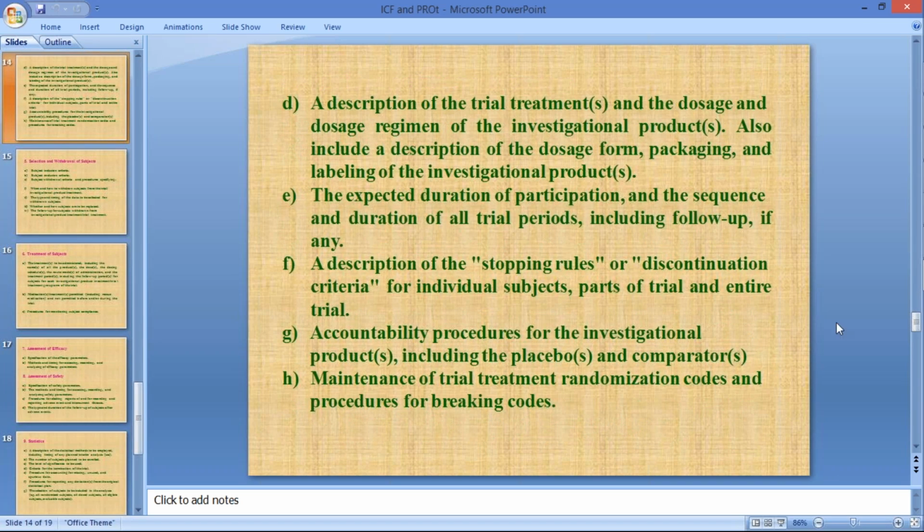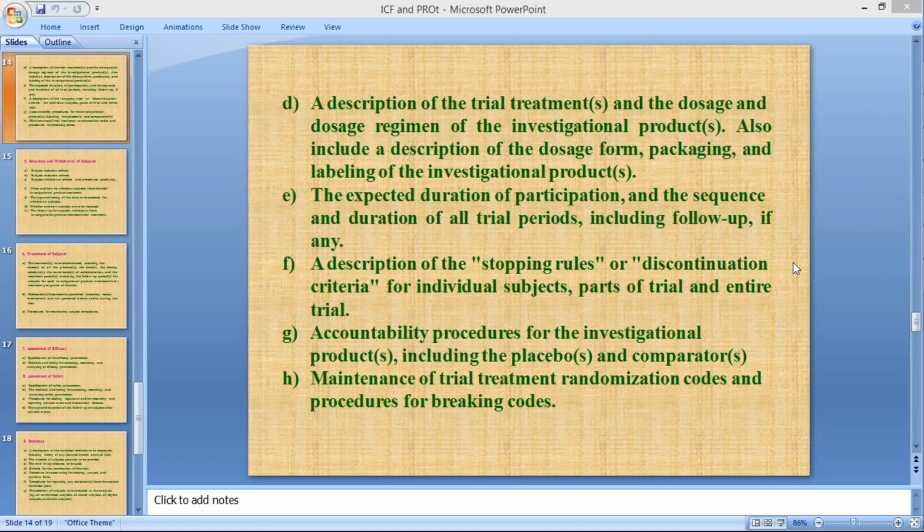And we'll have inclusion, and a description of all the trial treatments, as you can see here: packaging information, labeling information, dose form.